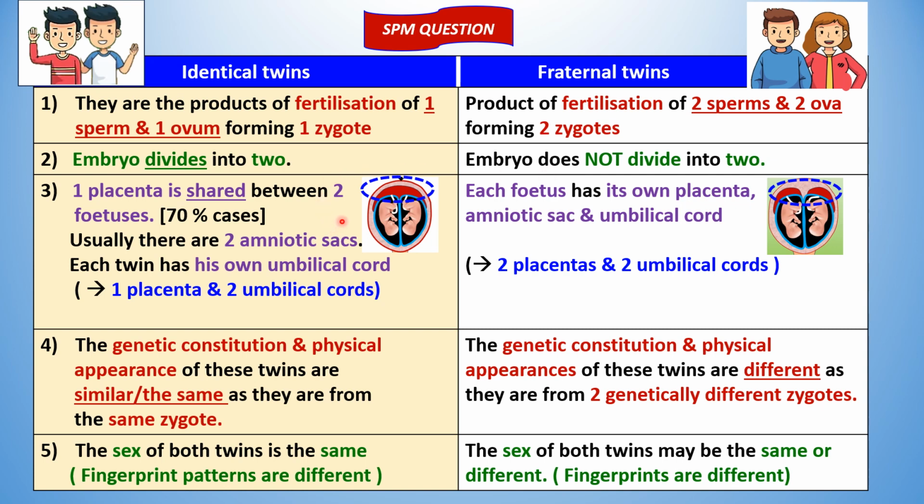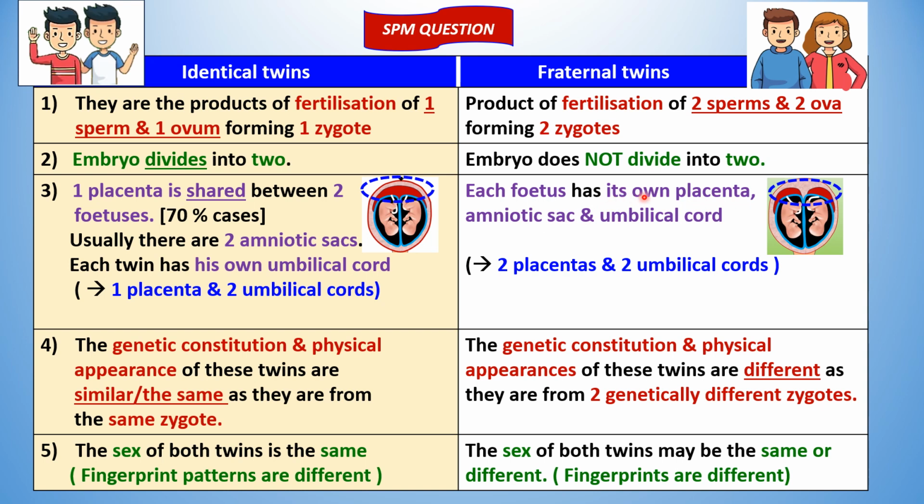Number 3, one placenta is shared between two fetuses. This is for 70% of the cases, right? Usually there are two amniotic sacs. Okay, in rare circumstances there will be one amniotic sac, but usually there are two, and each twin has its own umbilical cord. So that means we can say that usually there's one placenta and two umbilical cords and two amniotic sacs.